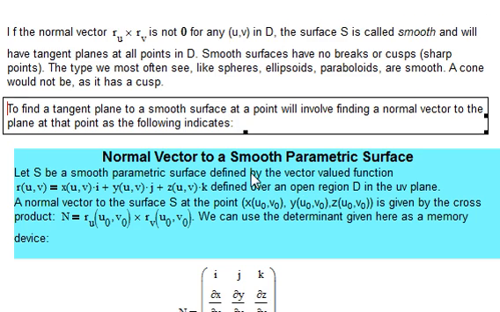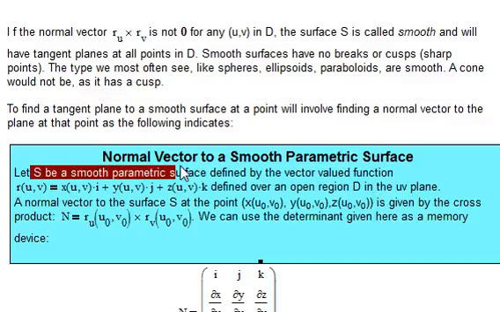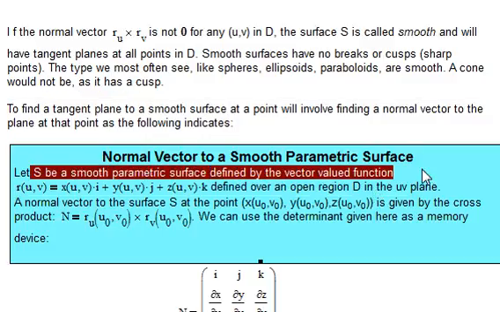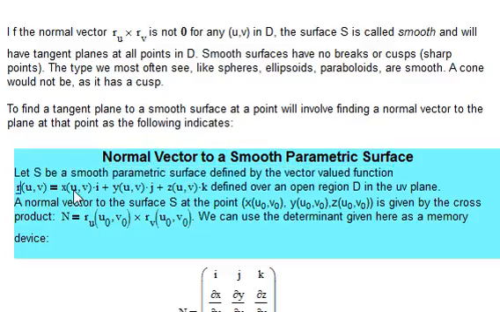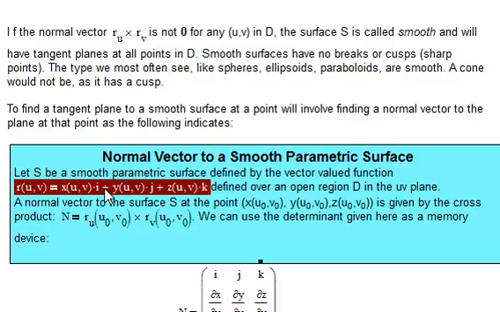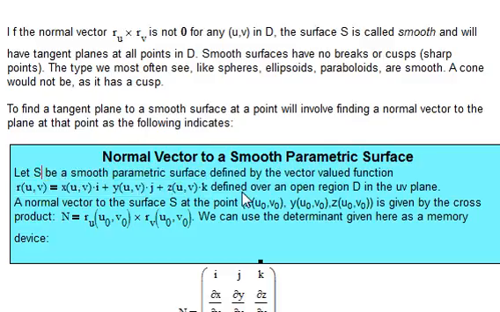So, how do you find a normal vector to a smooth parametric surface? Let S be that smooth parametric surface defined by the vector valued function r of u,v equals x of u,v i plus y of u,v j plus z of u,v k, defined over an open region D in the uv plane.